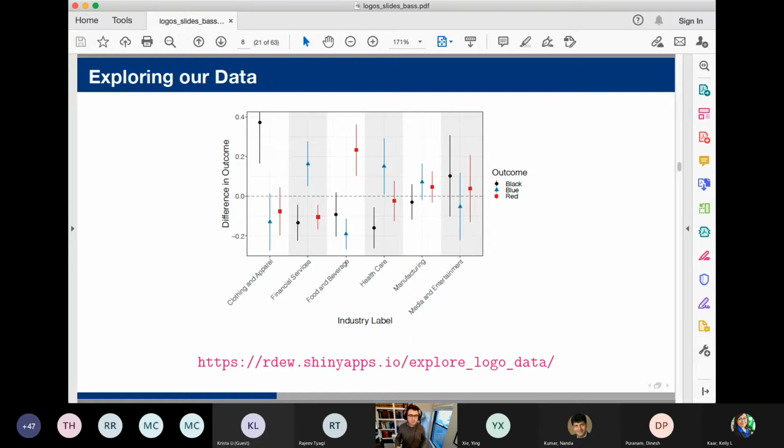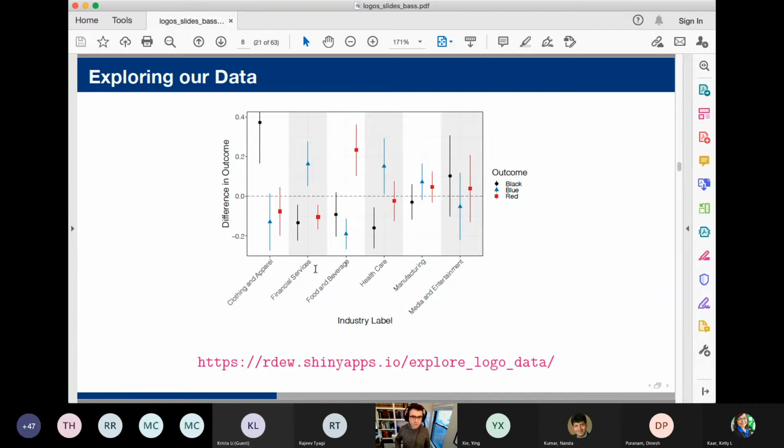So if you navigate to this app, which you can do now or after the talk or whenever you want, you'll see that you're able to make plots like the one that's shown on the screen, which lets you see basically how some feature of the firm, like the color of its logo, varies with a different feature of the firm, like what industry it operates in. Again, I don't want to spend tons of time on this now, but if you're curious to explore our data, there you go. We've got this cool app.